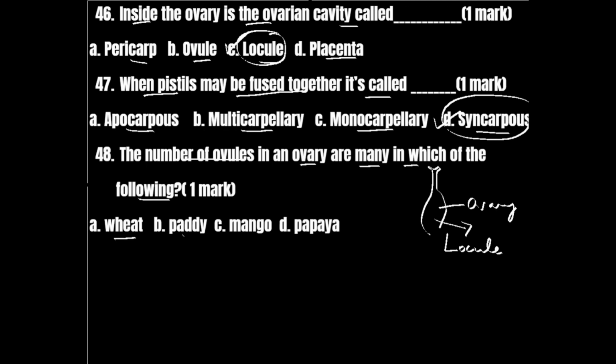Is it wheat, paddy, mango, papaya? The answer is papaya. In case of papaya, in the ovary itself, there will be many seeds. If there are many seeds, means there are many ovules. So the answer is option D, papaya.